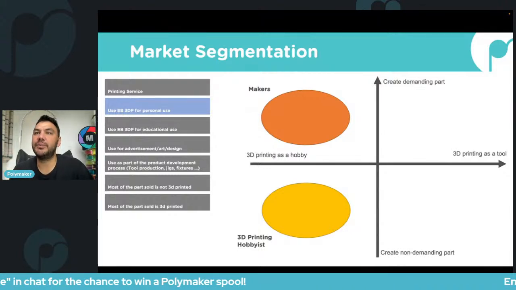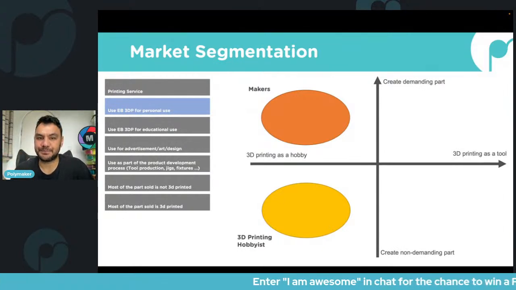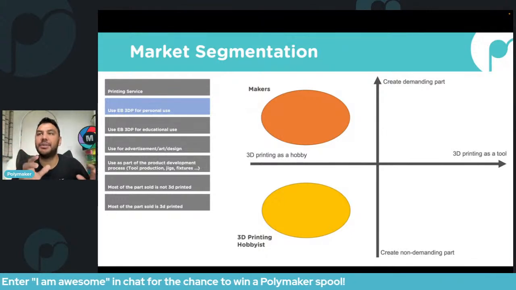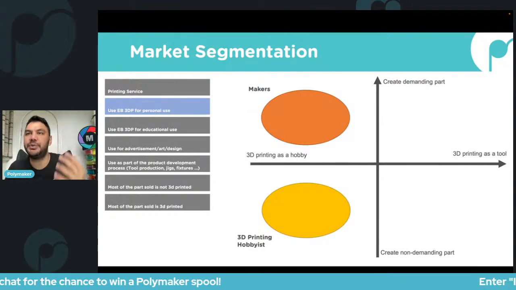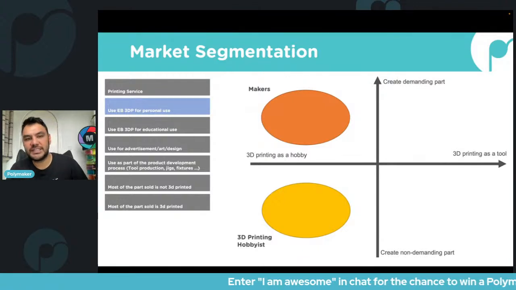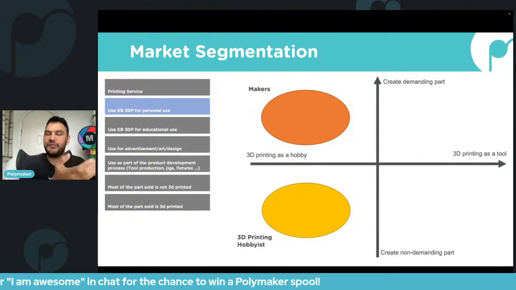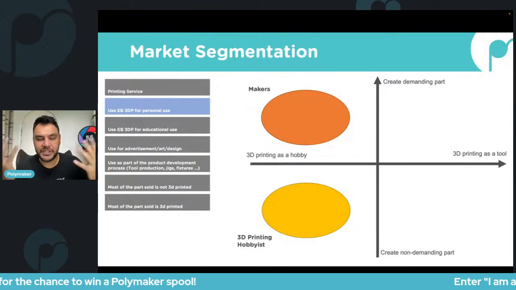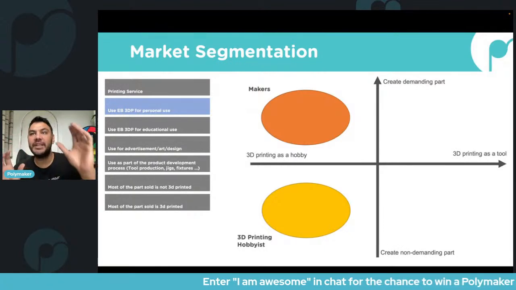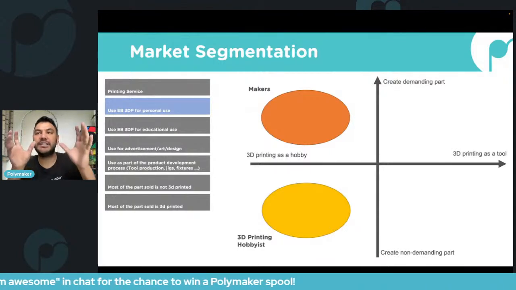I don't know if there is any 3D printing hobbyist here, but I believe Paisley, for example, is a 3D printing hobbyist, which means she enjoys her 3D printer like crazy, like it's a super hobby, and she will use any opportunity to print art things, like roses, coasters, obviously K2 clips, things that if you follow her stream, she will show off. She shows off all the different prints, and for me, that's more on the non-demanding side, but 3D printing as a hobby. So I call this hobbyist, right?